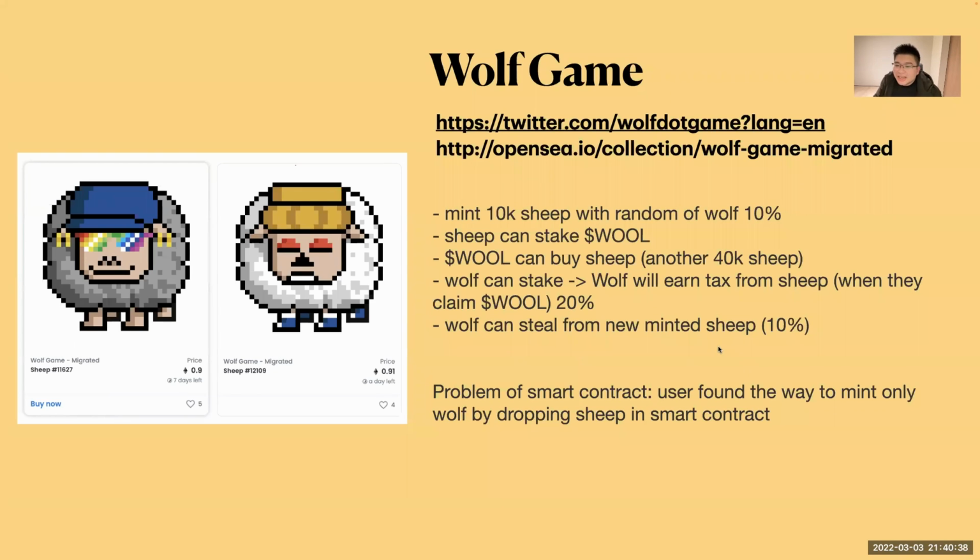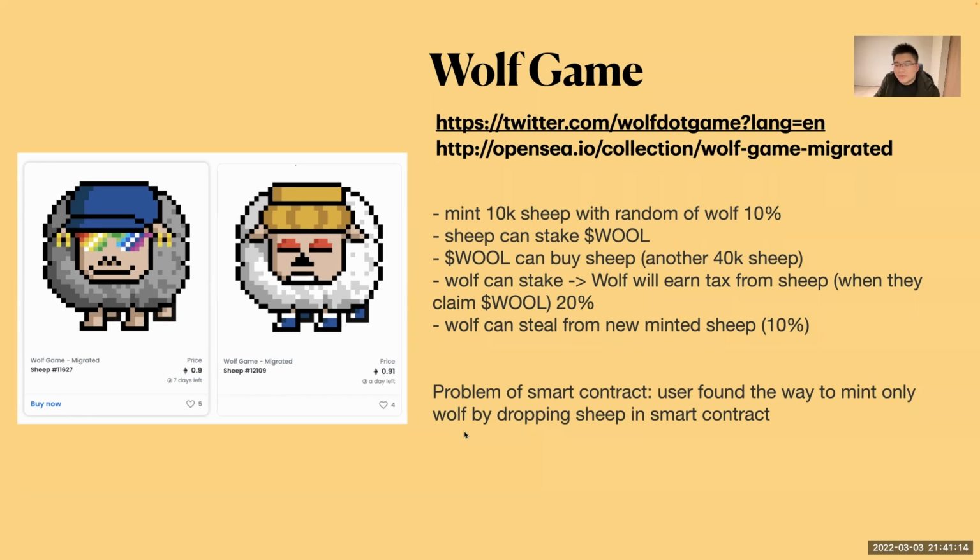Last year there was one problem with this project. We cannot say they were hackers, maybe super users or programmers, who found a way to mint only wolves. If they wanted to mint new ones, there was a 10% chance of minting a wolf, so they could pre-mint and check whether it was a sheep or a wolf.